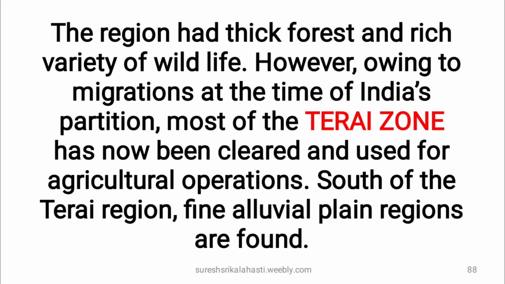The region had a thick forest and a rich variety of wildlife. However, owing to migrations at the time of India's partition, most of the Terai zone has now been cleared and used for agricultural operations. South of the Terai region, fine alluvial plain regions are found.